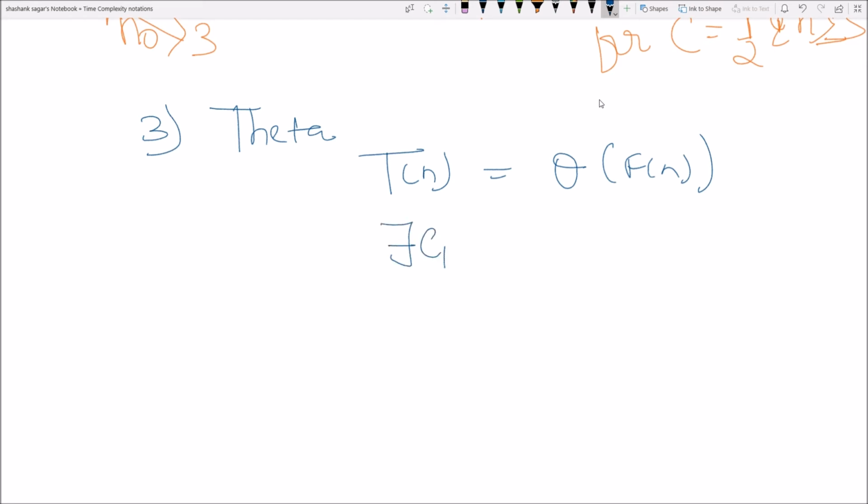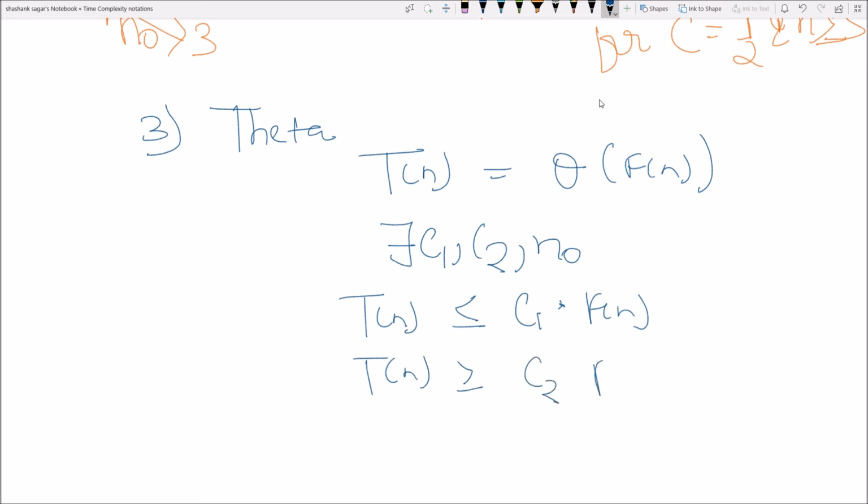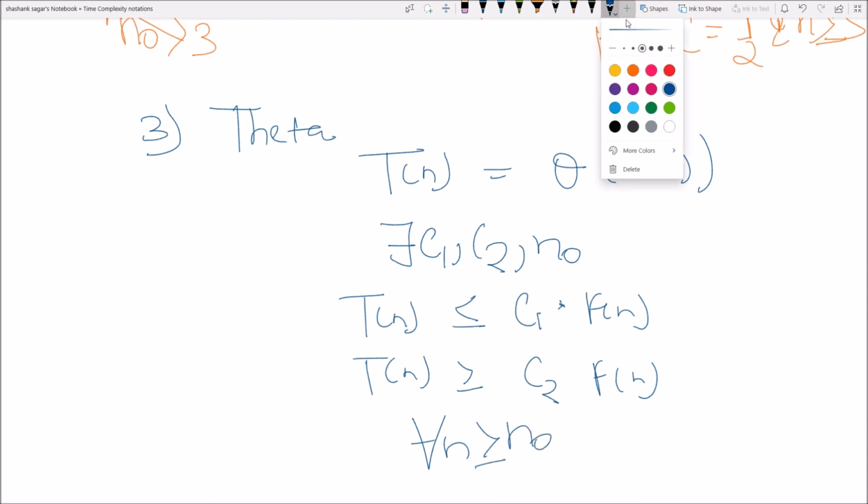There exist constants c1, c2 and n naught such that T of n is smaller than or equal to c1 times f of n, and T of n is greater than or equal to c2 times f of n for all n greater than or equal to n naught. I always forget this one. Now let's see the graph.